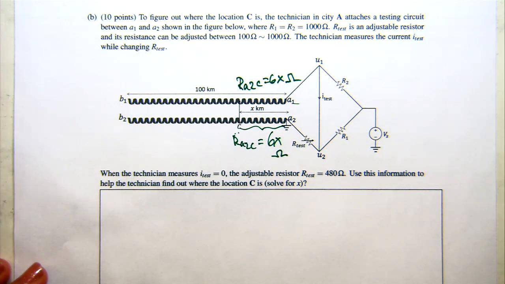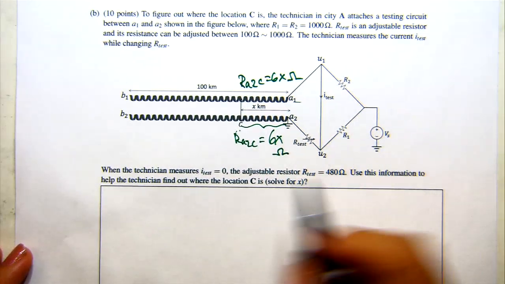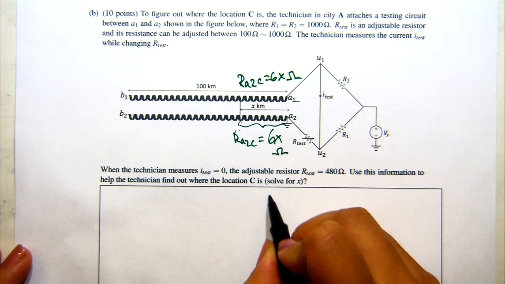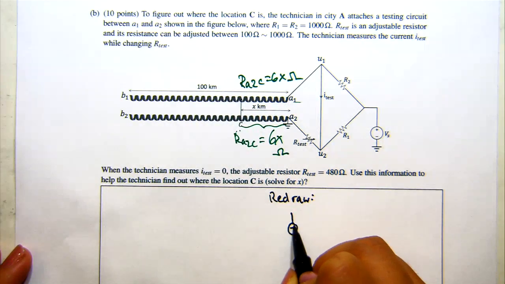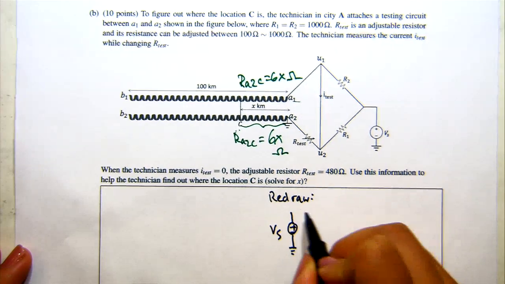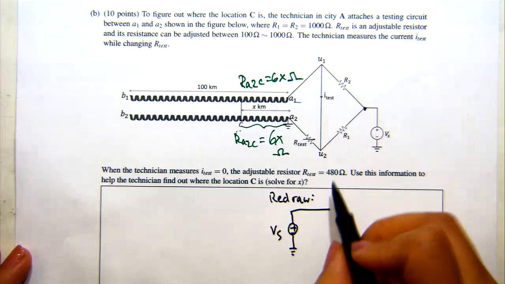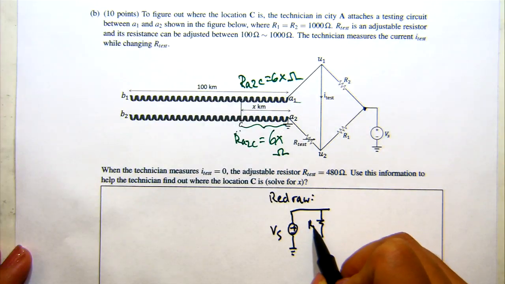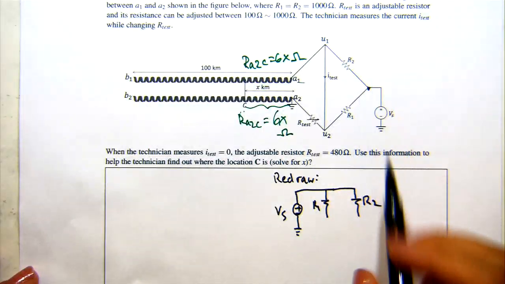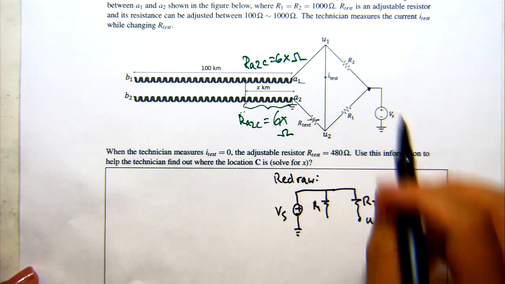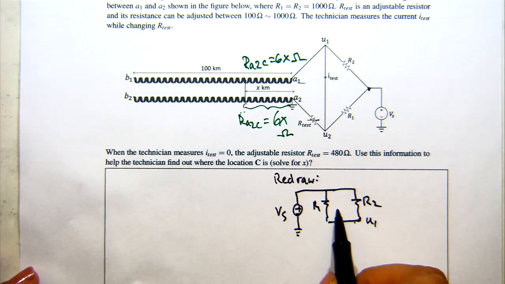For convenience's sake, I'd like to redraw this circuit to make it a little easier to digest. So I'm going to move this voltage source over here. You'll notice that at this node, we have two resistors connected to it, R1 and R2. U1 is located next to R2, and there's a current going from U1 to U2 over here, I test.